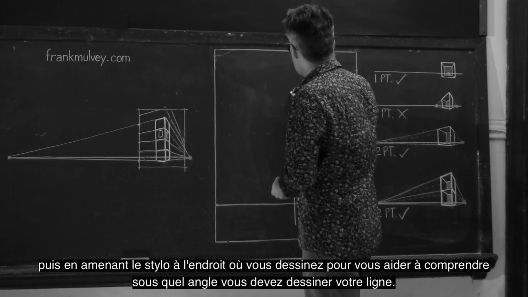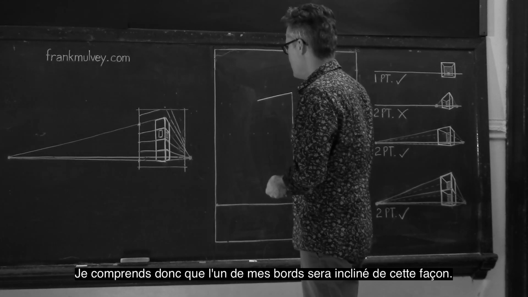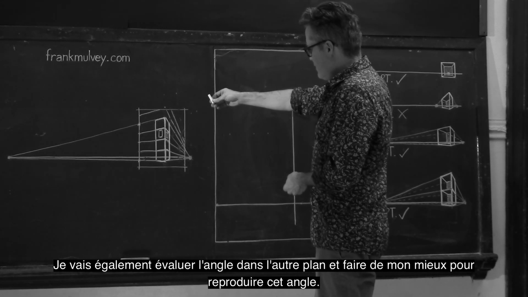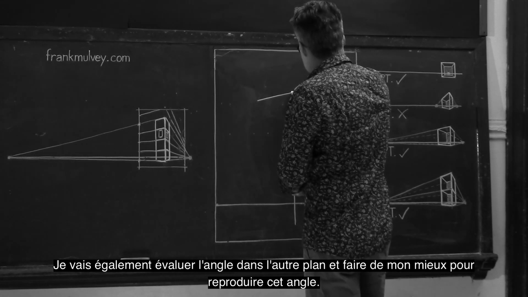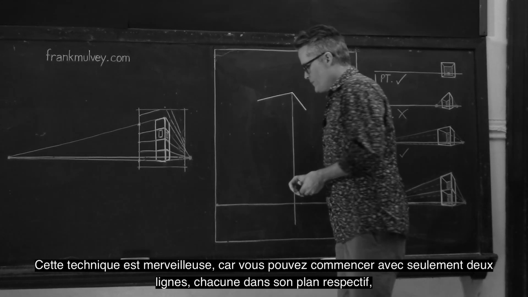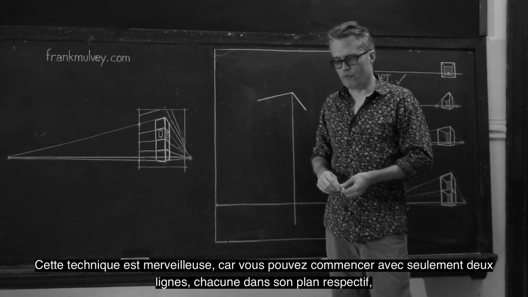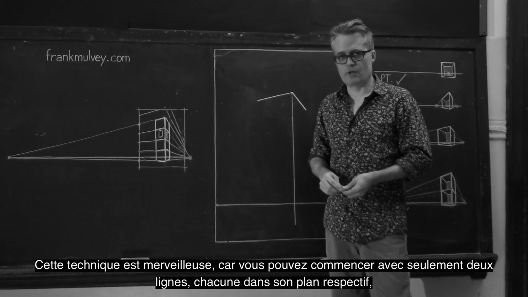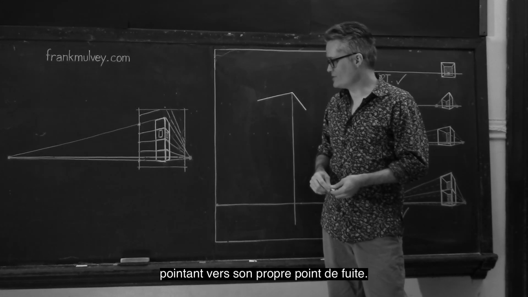So I'm going to do that here. So I understand that one of my edges is going to be angled like that, and I'm going to gauge the angle of the edge on the other plane, and I'll do my best to replicate that angle. So this technique is wonderful for starting off with just two angles of line, each in their respective planes, pointing to their respective vanishing points.